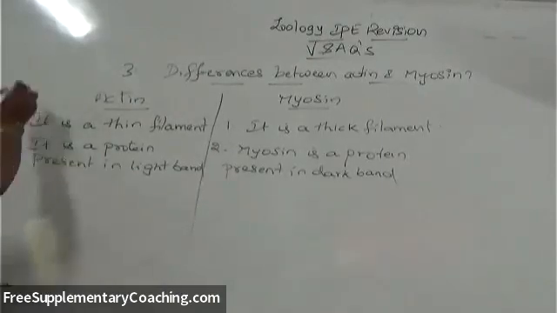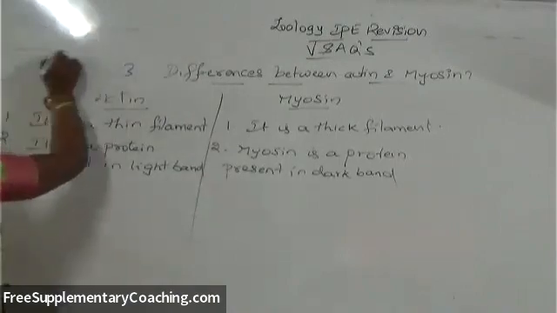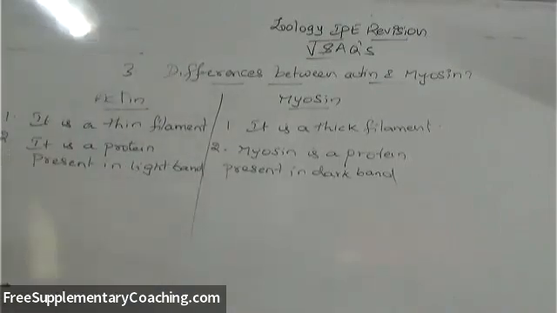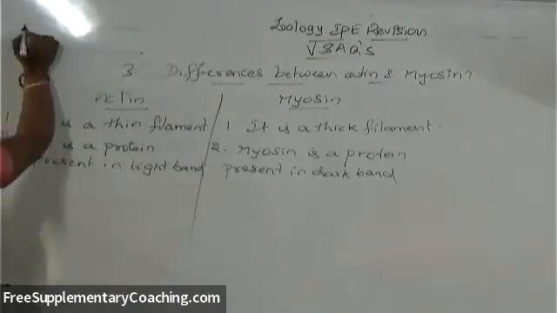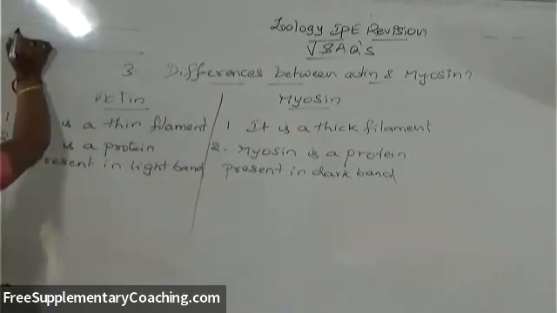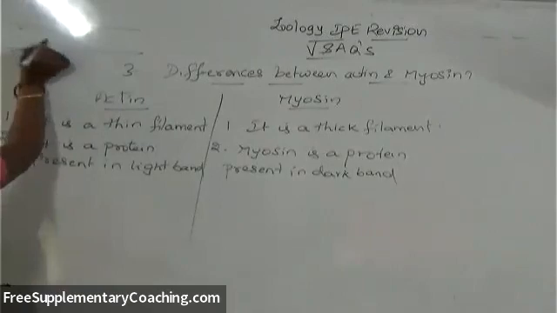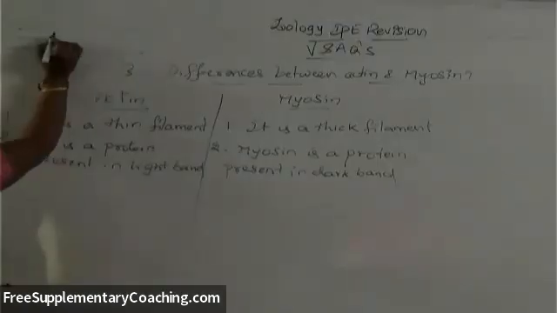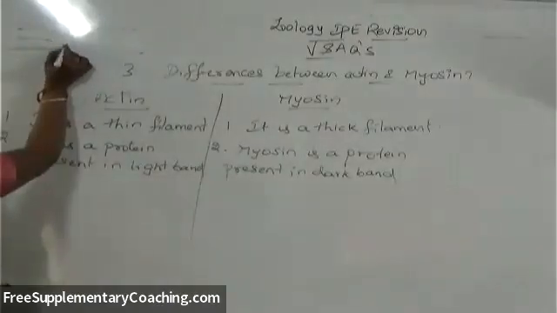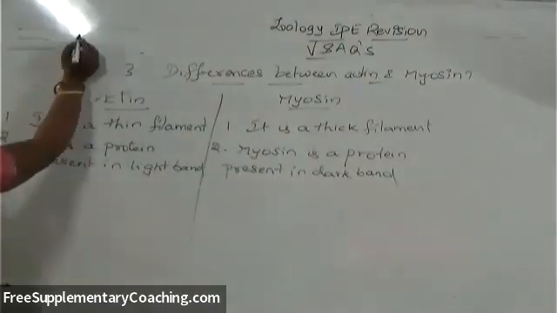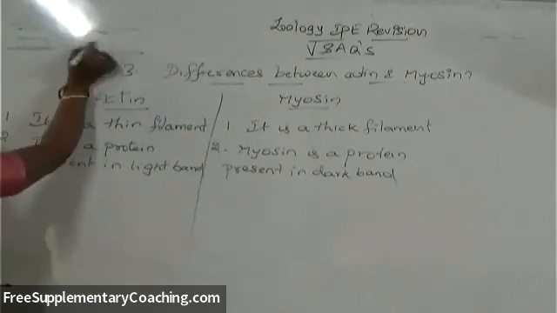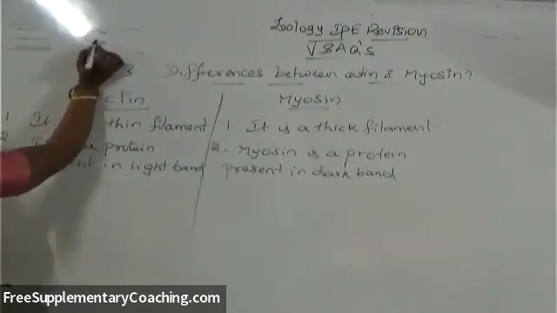A skeletal muscle consists of long cylindrical muscle fibers. Each muscle fiber contains alternate dark and light bands. For example, if this is a dark colored band of myosin, it is followed by a light colored band, then again a dark colored band, then again a light colored band.